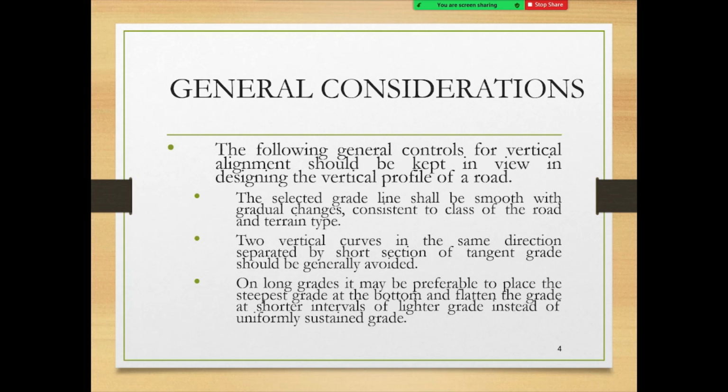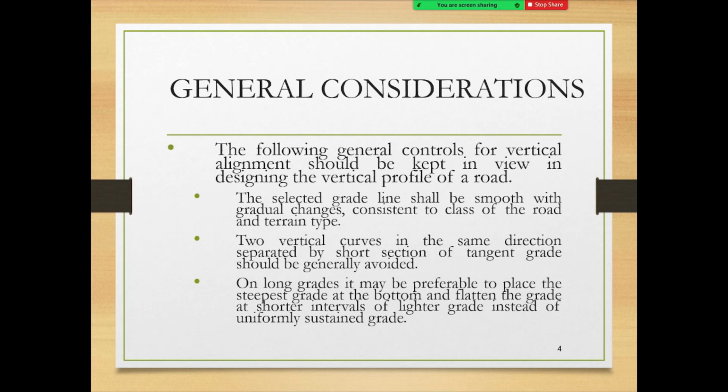And we have classes. What are they? A class, B class, C class and D class. And there are expressways also, right? Depending on these things, the sight distances are going to be different, and other parameters like gradients are going to be different. So our vertical alignment should be consistent with the class of the road and terrain type.